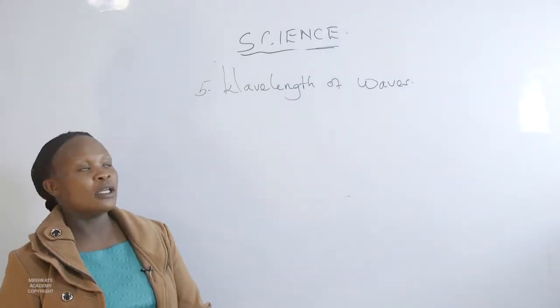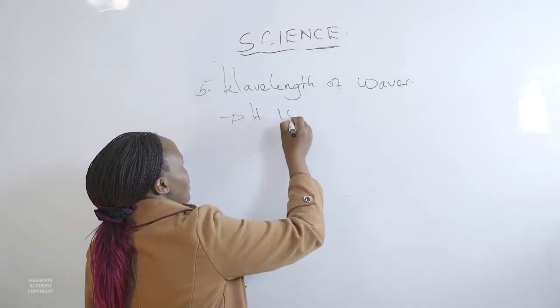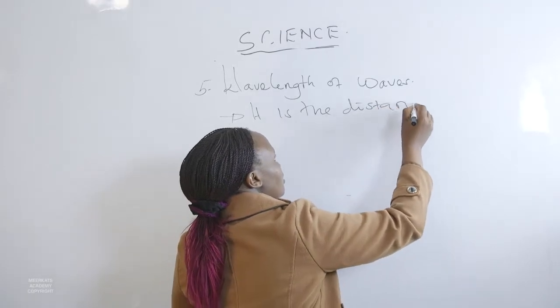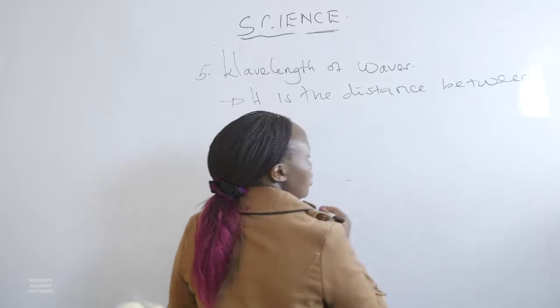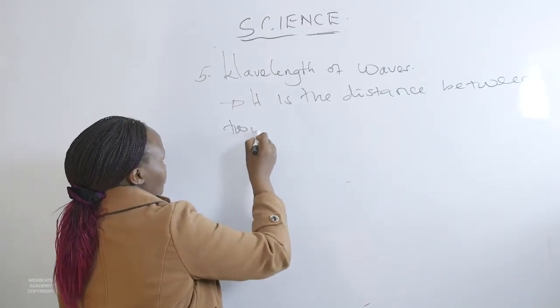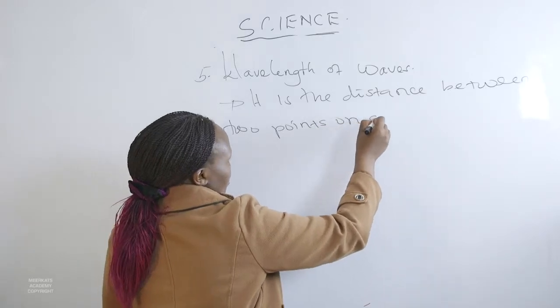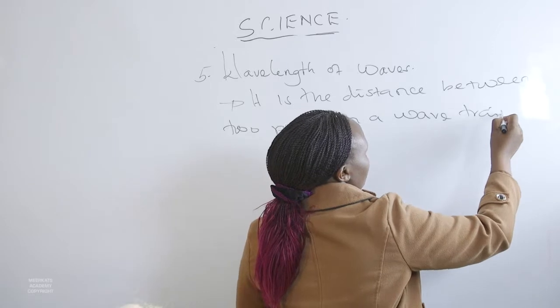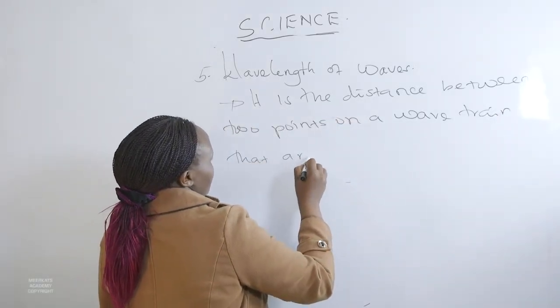And we said that this one basically is the distance between 2 points on a wave train that are in phase.